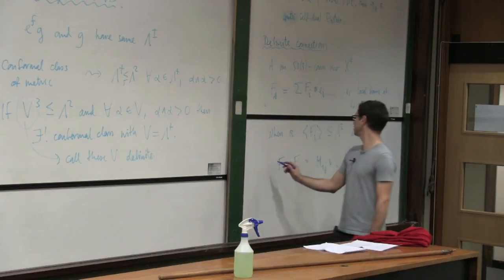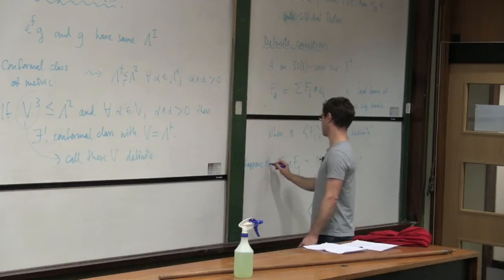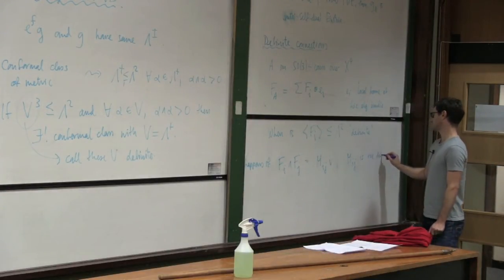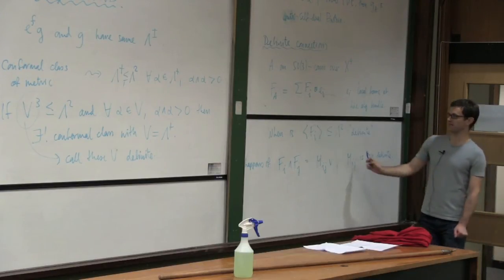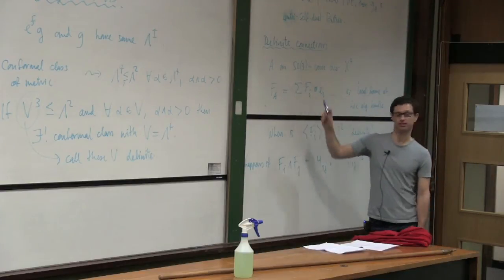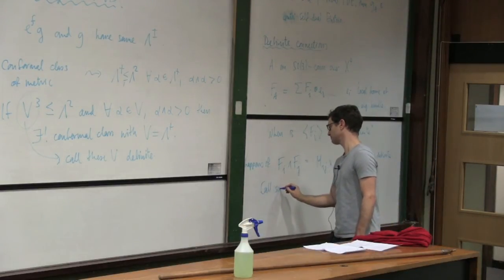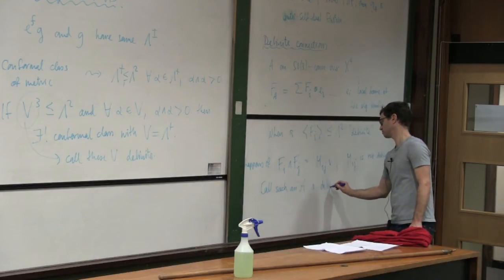This happens if this matrix is positive definite. So whenever that happens, we'll call our connection definite. Call such an A a definite connection.